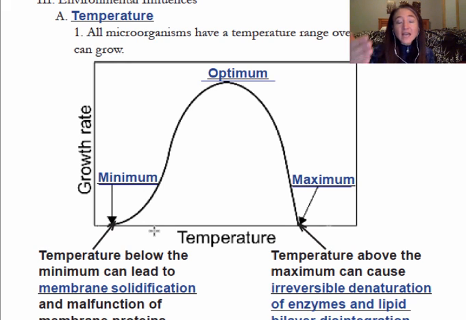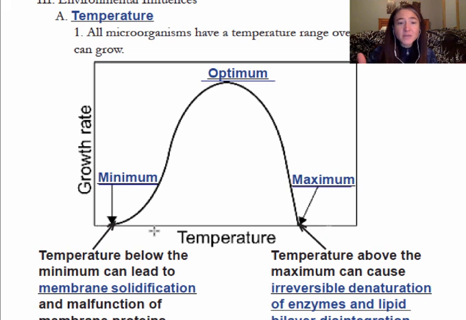Now, when we take a look at the cardinal temperatures, it's worth noting that the optimum is always closer to the maximum than it is to the minimum. It's also very worth noting that the damage that is done to a cell below the minimum is very different than the kind of damage that's done to it above the maximum. That is, damage below the minimum is reversible.